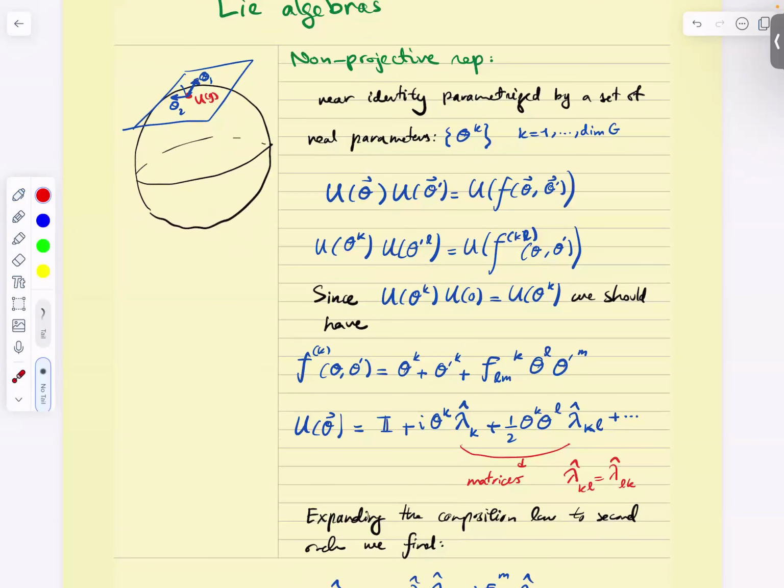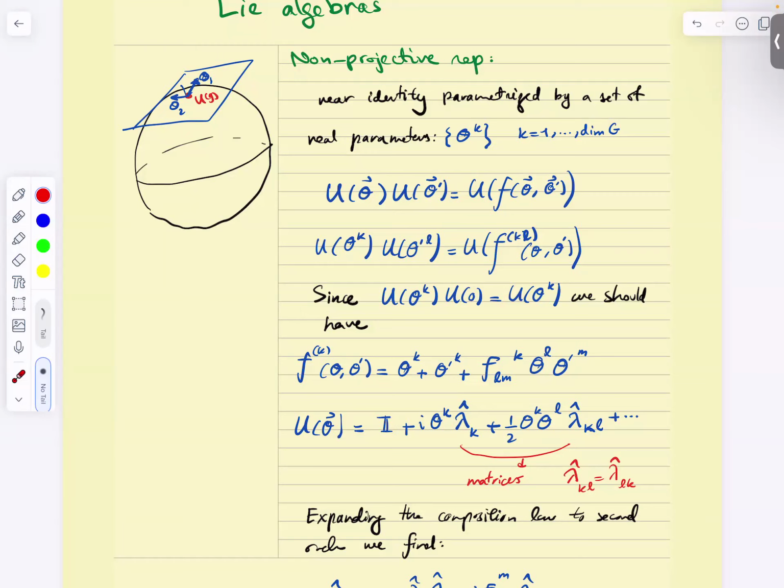All right, so the first thing is, you would like U of 0 to be represented by the identity map, which immediately tells you that f of theta and 0 had better be theta. So f of theta k and 0 is theta k.